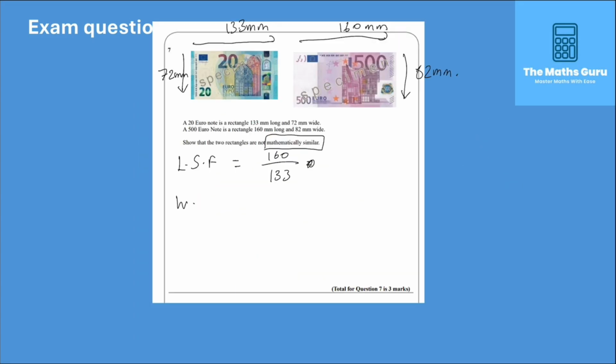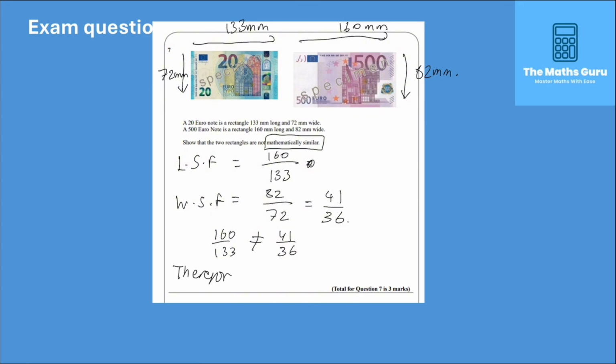So our width scale factor is now going to be, our long one is 82 and our short one is 72, which simplifies to 41 over 36. As you can see, 160 over 133 is not equal to 41 over 36.